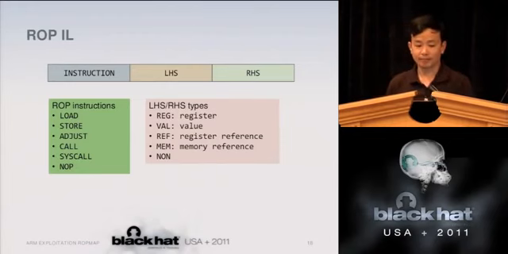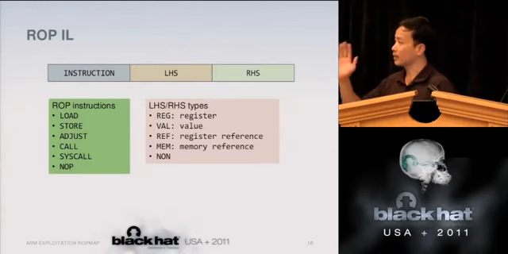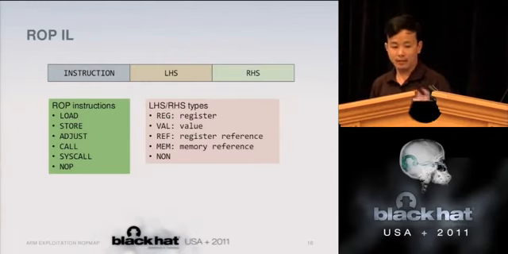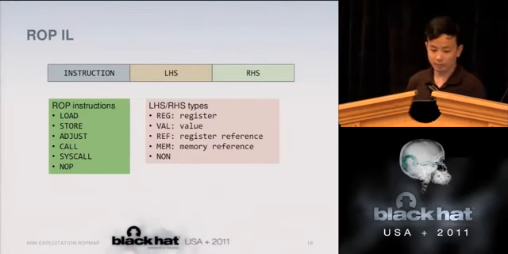The 6 instructions are in the form of instruction, left-hand side operand, and right-hand side operand. The left-hand side is the destination and the right-hand side is the source of the instruction.